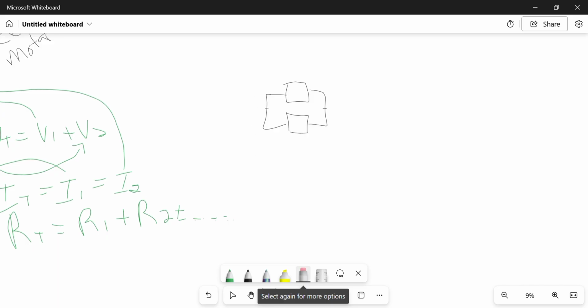Let's assume my drawing is not up to scale. I'm sorry for the drawing. So, resistors connected in parallel. Here is R1, R2, and let's add a battery.